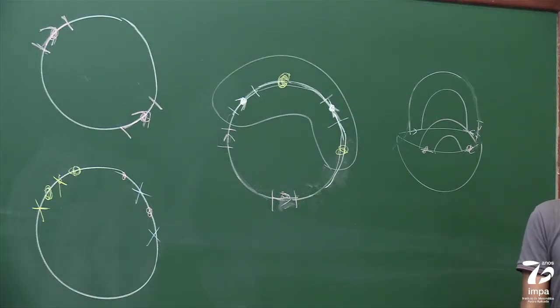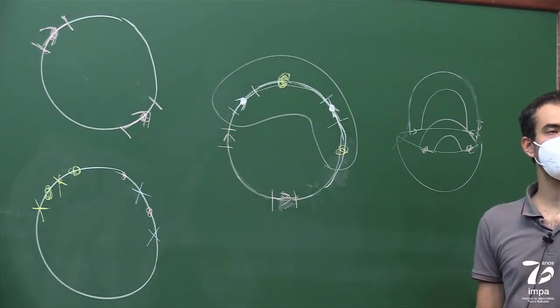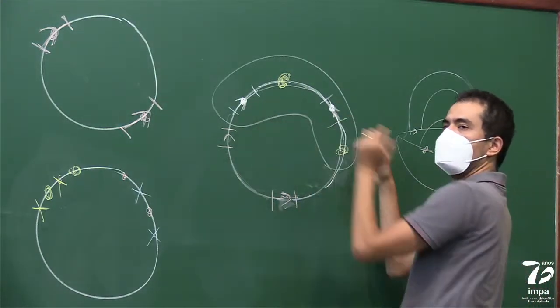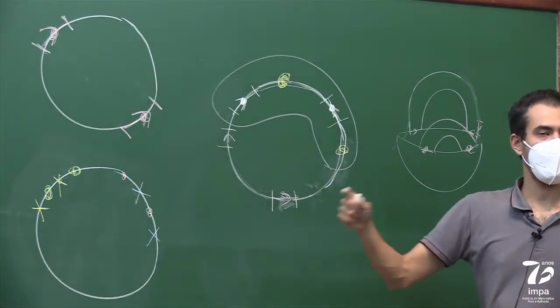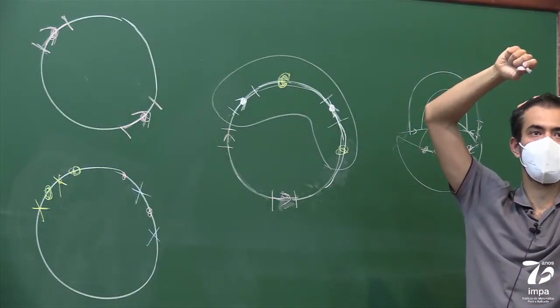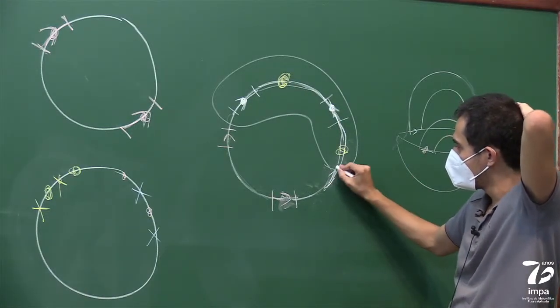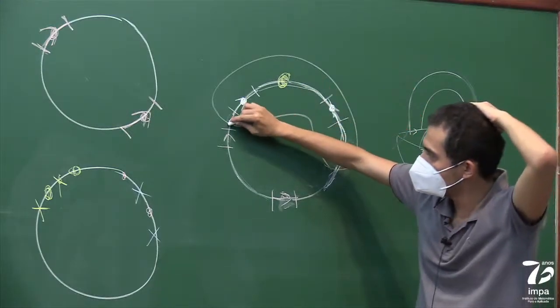And you can see that when you attach these two handles, you actually don't increase the number of connected components. So when you just attach the white guy, you do increase by one, but then the yellow guy solves the problem and brings the number of connected components down to whatever it was before. Meaning, when you enter this guy, then you go through the two handles, and then you leave here.